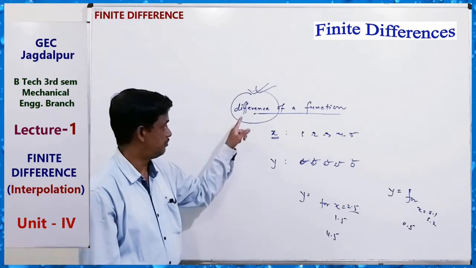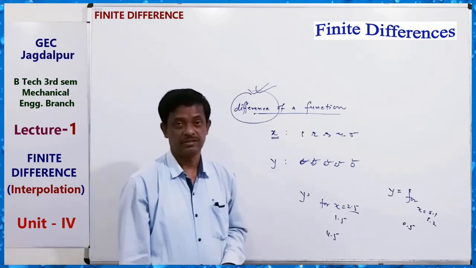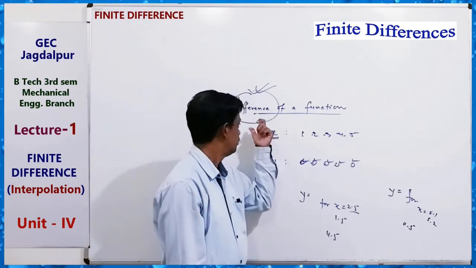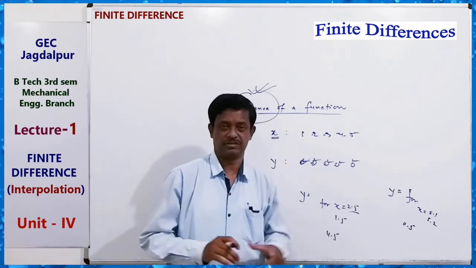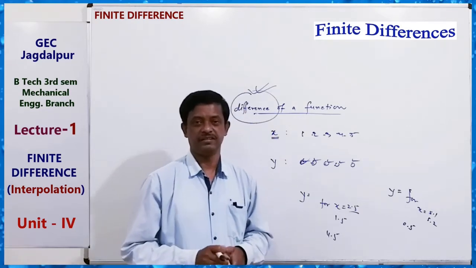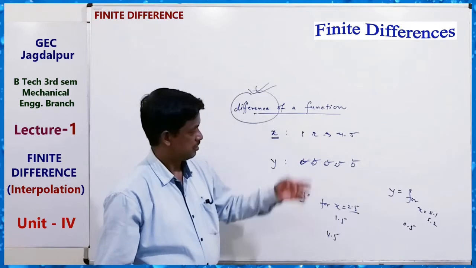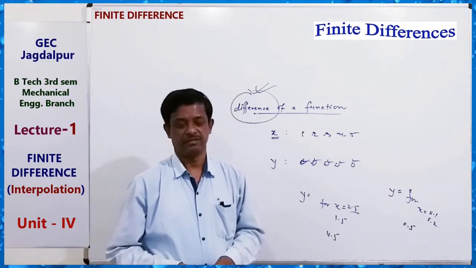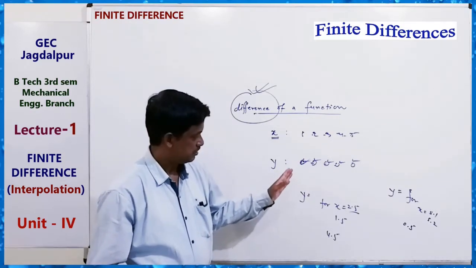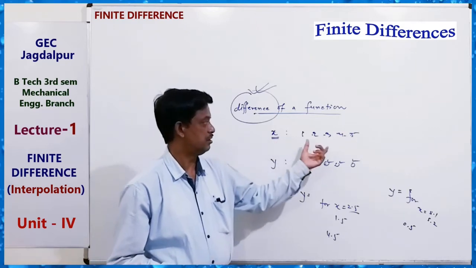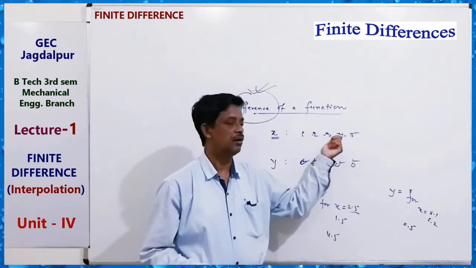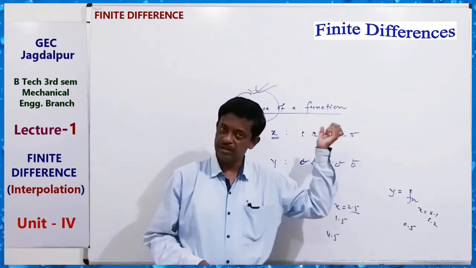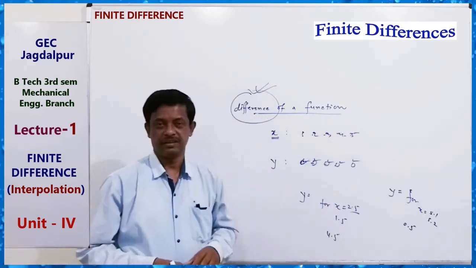Now we have to discuss the difference of a function. By using this difference, we can get some formulas for finding values of y for a value of x which lies in the inner or outer part of the range of x values.